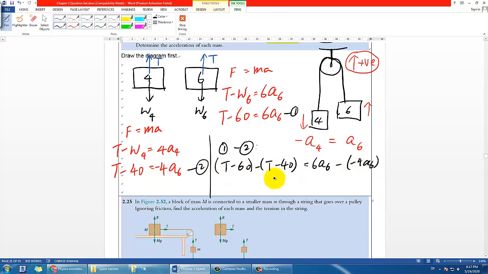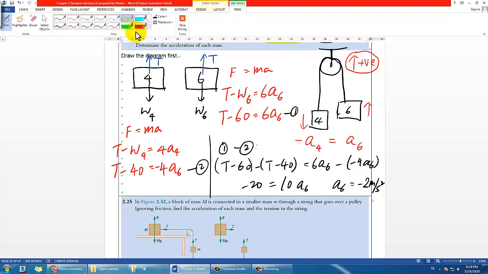In that case, both T will cancel out, then you have negative 20, and you would have 10 times a6, and eventually get a6 equals negative 2 meters per second squared.